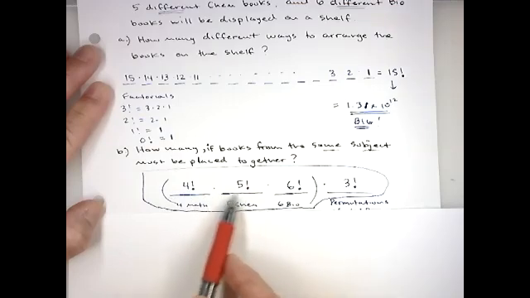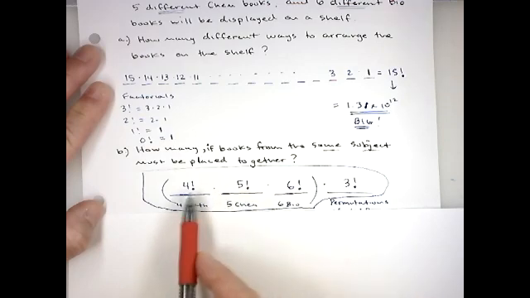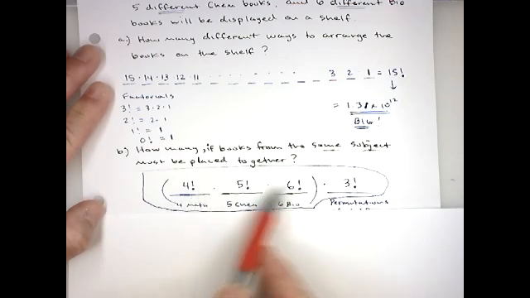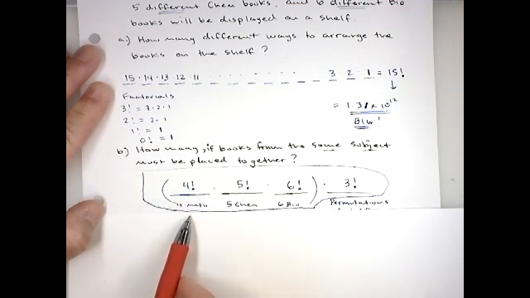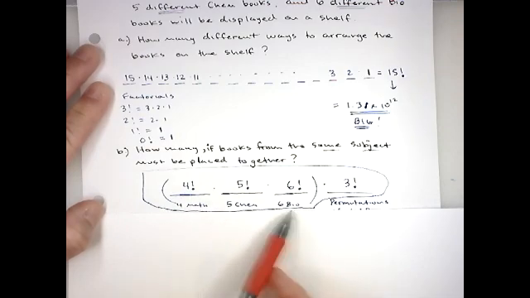And then the next one, I have 5 chem books. There would be 5 factorial ways of arranging those. And my 6 bio books, 6 factorial. So multiplying these together would count the number of ways of having your math books first, then your chem books, and then your bio books.